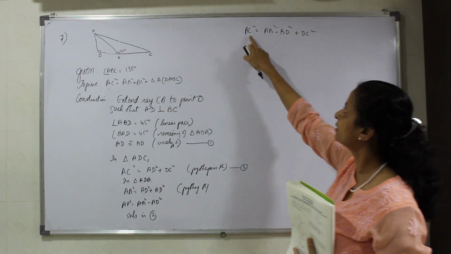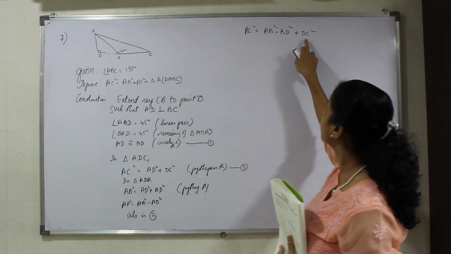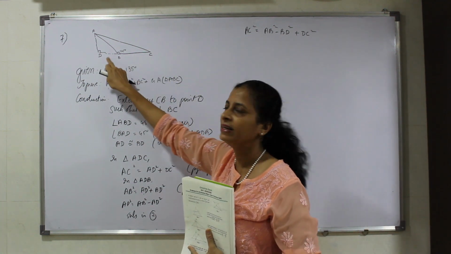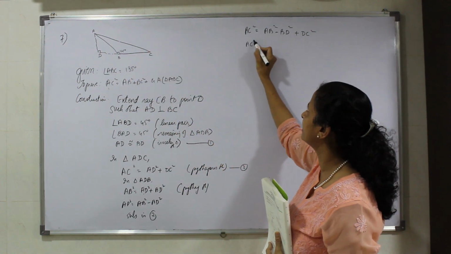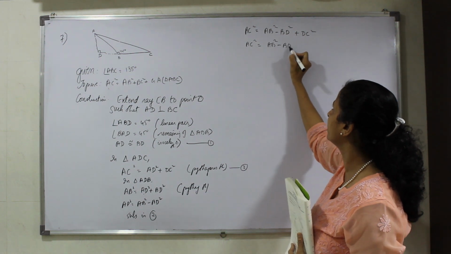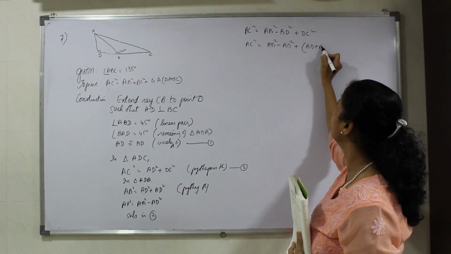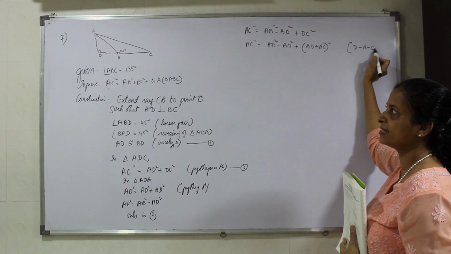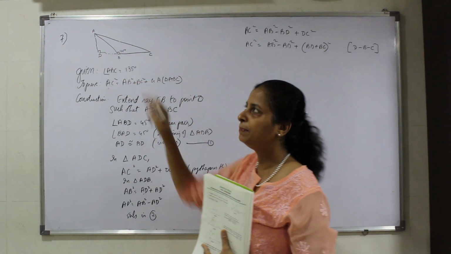Now when you look at this, AC square is there, we have an AB square here. If you see DC square, the DC is a big segment made up of DB and BC. And so I can write it as AB square minus BD square plus BD plus BC the whole square, the reason being DC is split up as DB and BC.